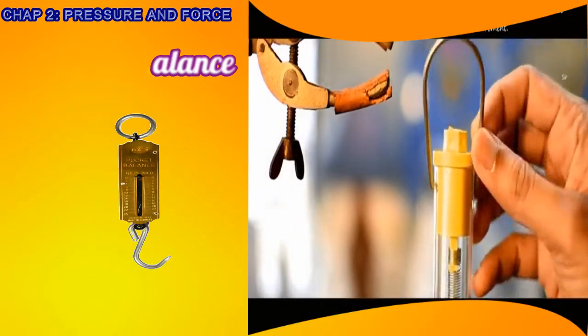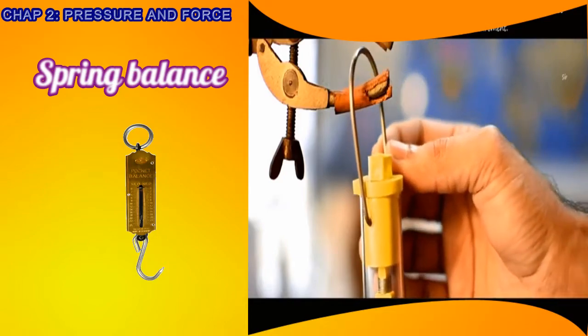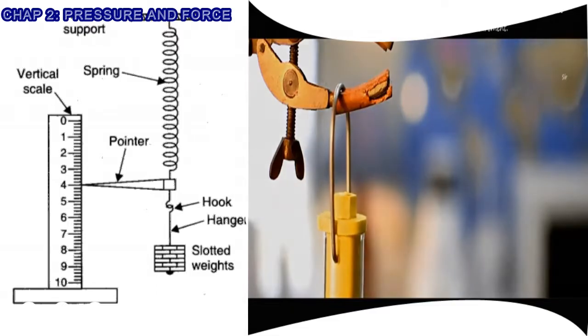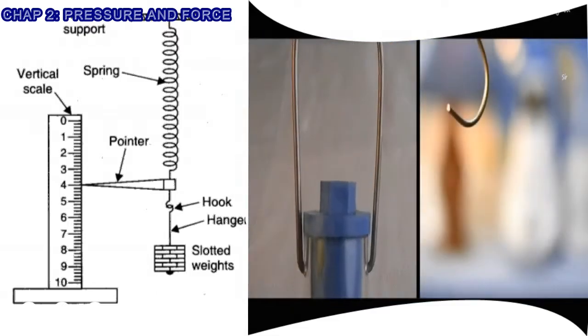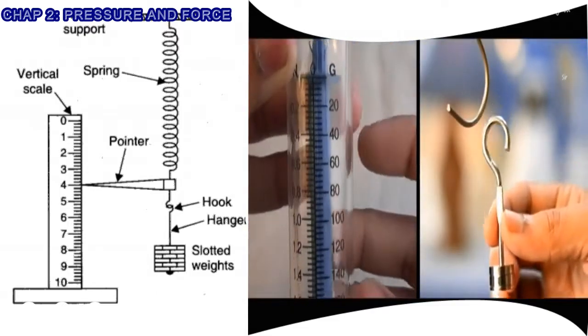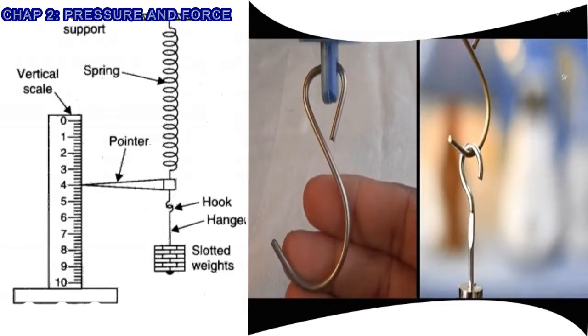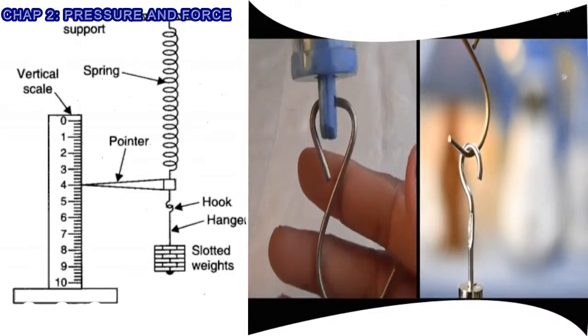Now let us see what a spring balance is and how it works. A spring balance consists of a spring, the lower end of which is attached to a hook through a long rod. There is a pointer attached to the rod.